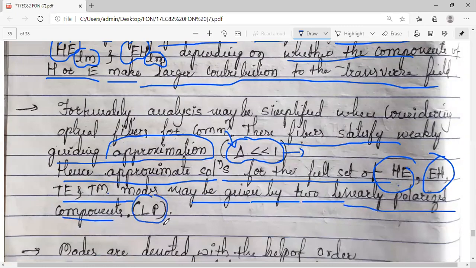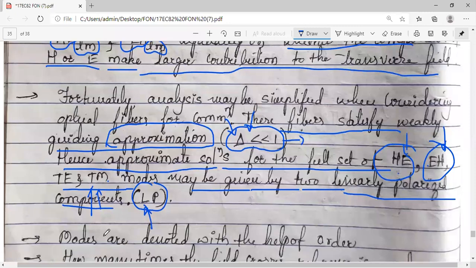No need to go in depth of what this LP is and what the table is. However, just remember, instead of going for the very complicated Maxwell solution, by taking some approximations, delta very less than 1, it is possible to represent these four modes, 2 for meridional, 2 for skew rays, in the form of two linearly polarized components.